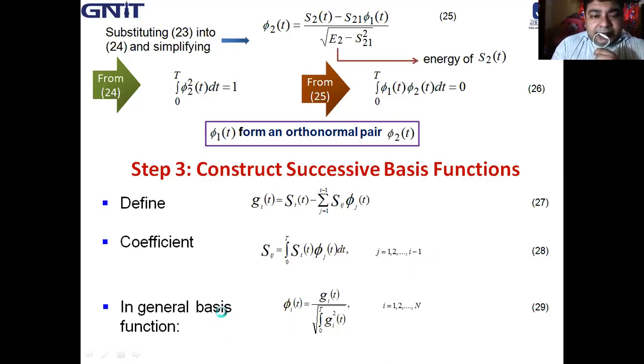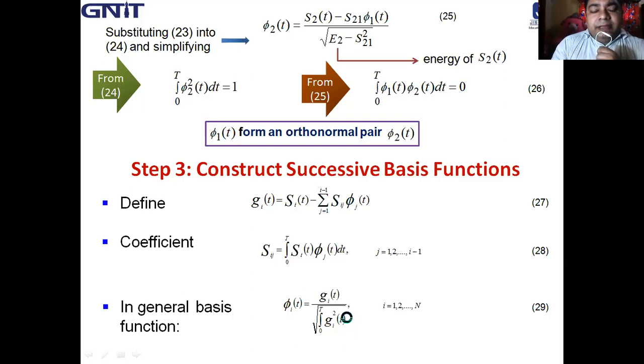And in general, the ith basis function phi it is equal to Git divided by the root of the integration of Gi square t dt. So this is the general expression to construct a basis function.